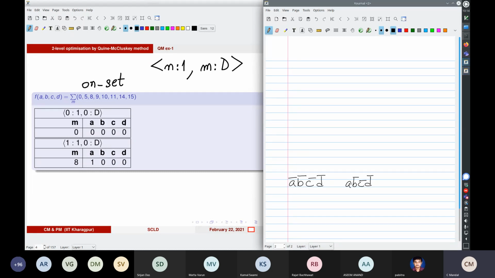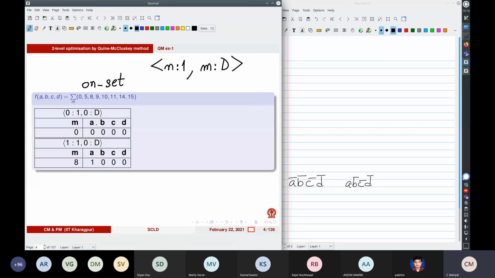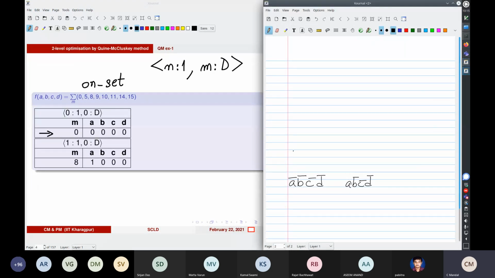So we consider cubes with 0 ones, and then cubes with 1 one. If you wish to find any cube adjacent to this one, that cube must have exactly one 1, because this one has 0 ones. In fact, 8 is one such.